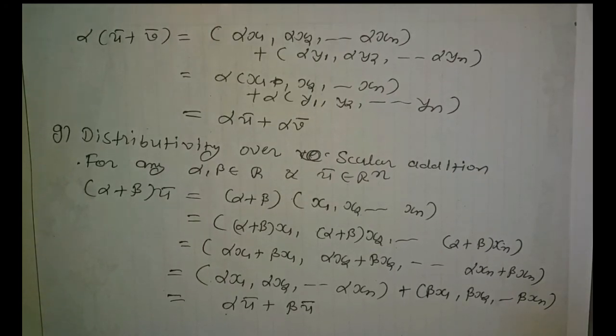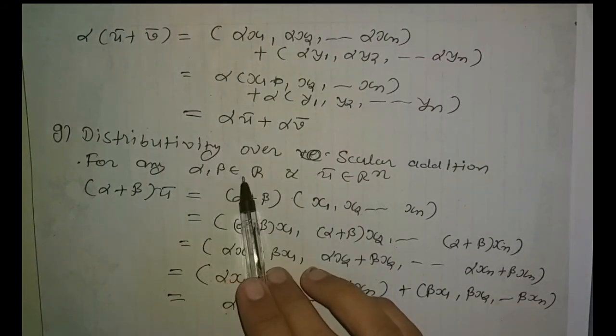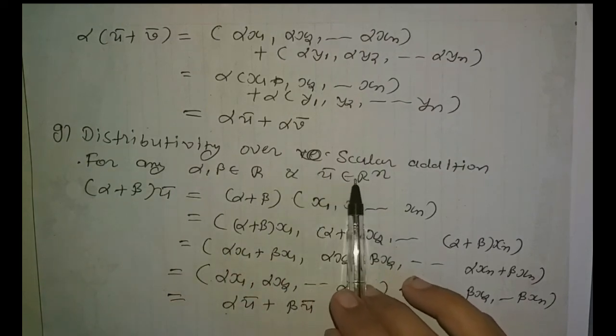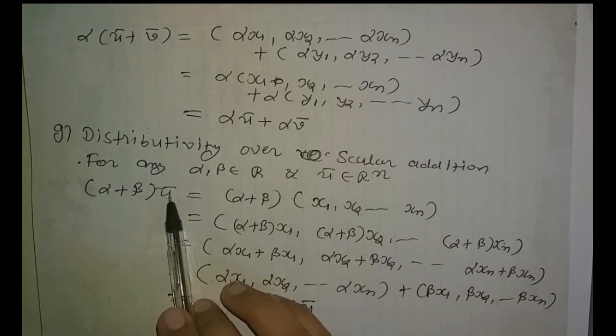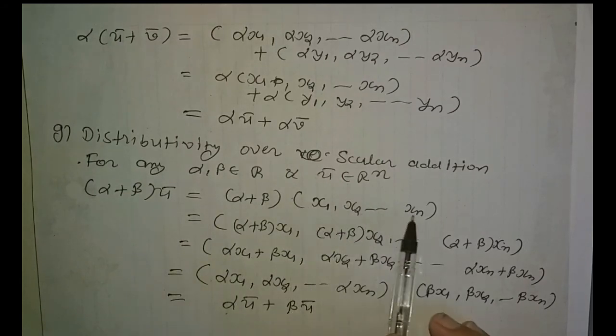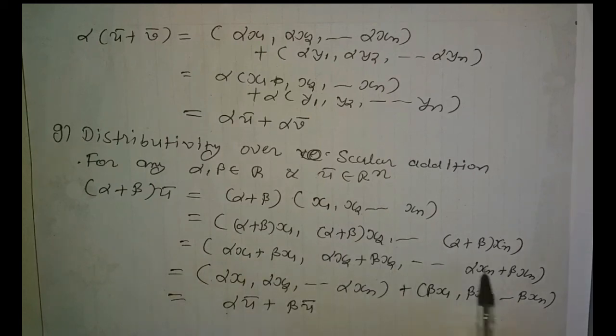Now the distributivity over scalar addition. For that, consider two elements alpha and beta belonging to R, scalars, and vector u bar from Rn. Now (alpha plus beta) scalar multiplied with u bar: (alpha plus beta) multiplied with vector x1, x2, xn. This gives (alpha plus beta) x1, (alpha plus beta) x2 up to (alpha plus beta) xn. Simply multiplying, alpha x1 plus beta x1, alpha x2 plus beta x2, and so on up to alpha xn plus beta xn.